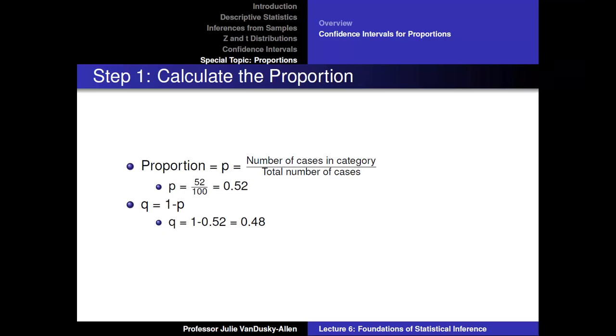The calculation for the proportion P is the number of cases in a category divided by the total number of cases. So in this example, 52 respondents said they supported candidate 1, and there were 100 total respondents, so 52 divided by 100 is 0.52. We also have to calculate a value Q, which is the number of respondents who did not support candidate 1. The calculation for Q is simply 1 minus P, or 1 minus 0.52, which is 0.48.